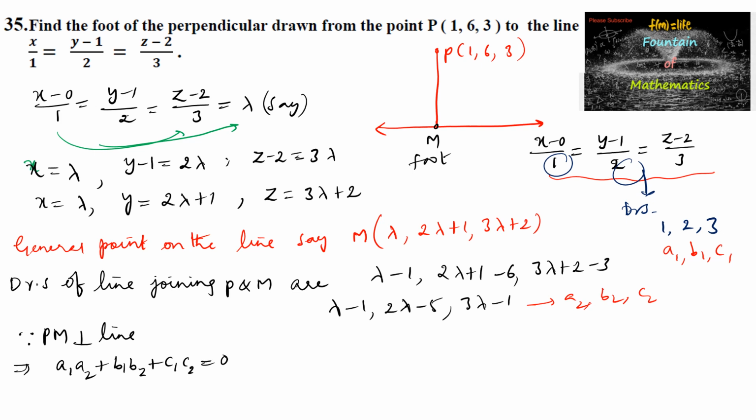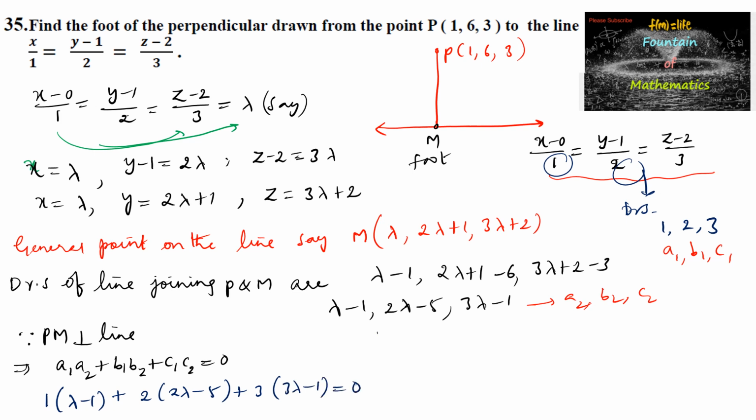So we can write here 1 times lambda minus 1 plus 2 times 2 lambda minus 5 plus 3 times 3 lambda minus 1 is equal to 0.